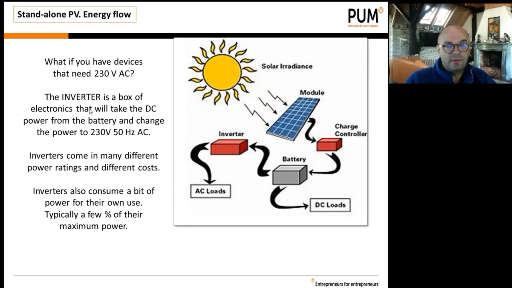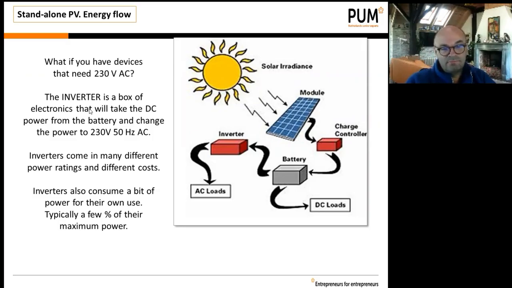An inverter is basically a box with electronics, and it changes battery power, which can be 12 volts, 24 volts or 48 volts, into 230 volts, 50 hertz alternating current. There are many different sorts of inverters.